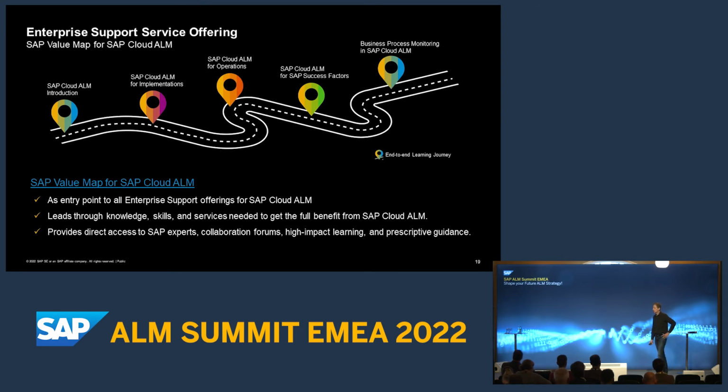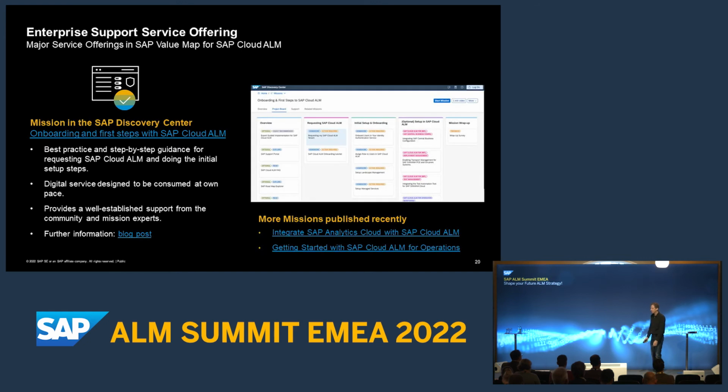Now I would like to come to 2 main services which are accessible from the value map. The first one is a mission in the SAP Discovery Center. The mission is a kind of new offering which we are using in ALM. The missions are coming from our colleagues from the BTP.